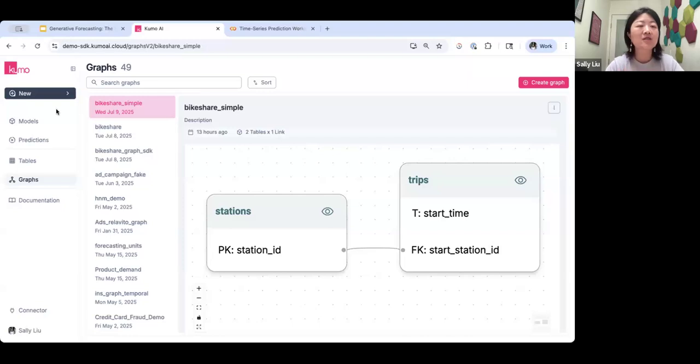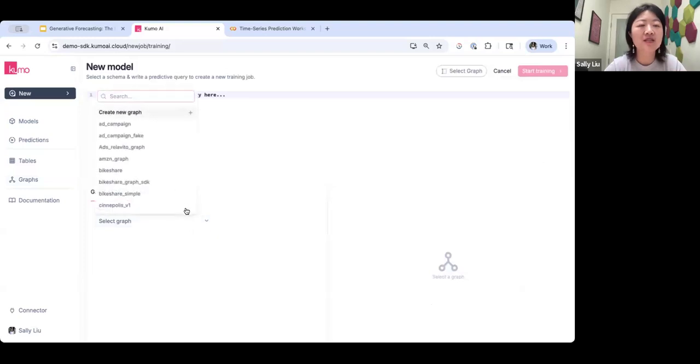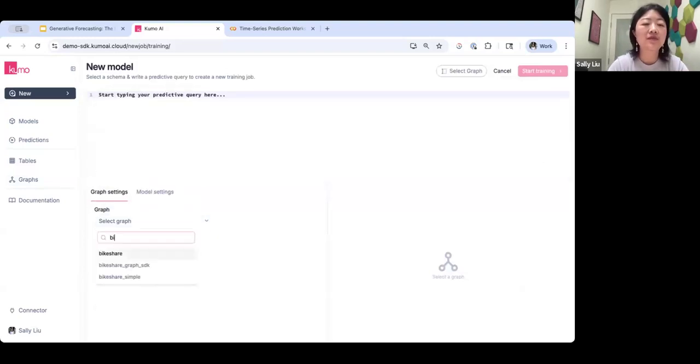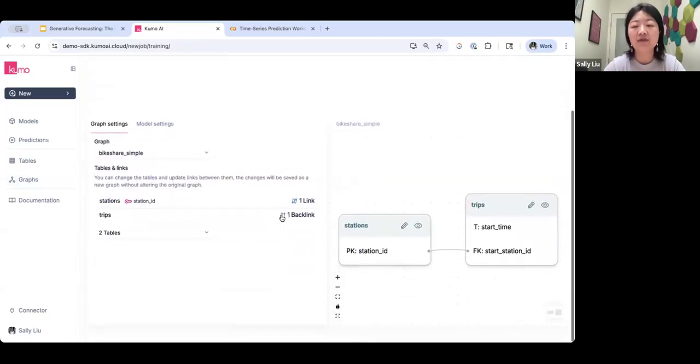So the next thing we want to do is say, hey, what we want to predict. And it's also very simple. So for instance, we start with the bike graph, now we have the graph ready.